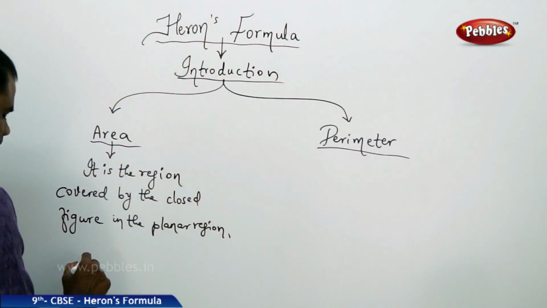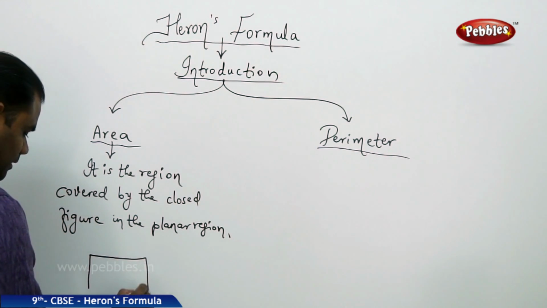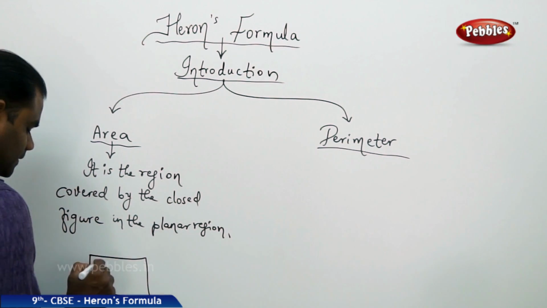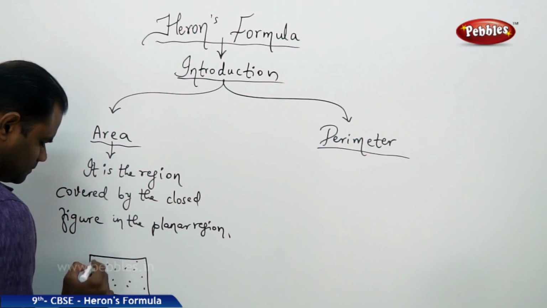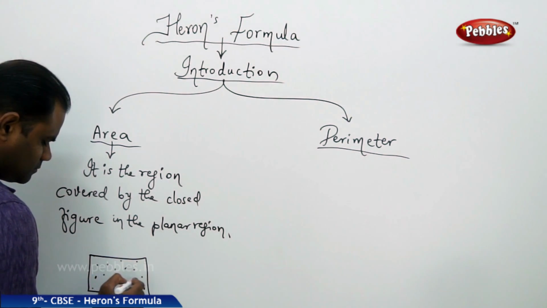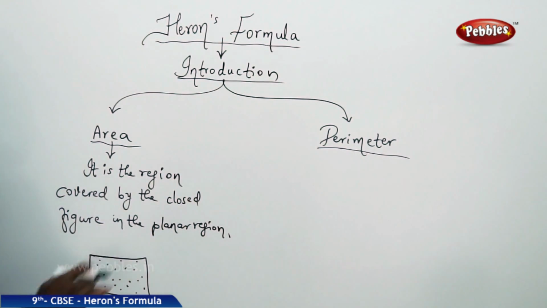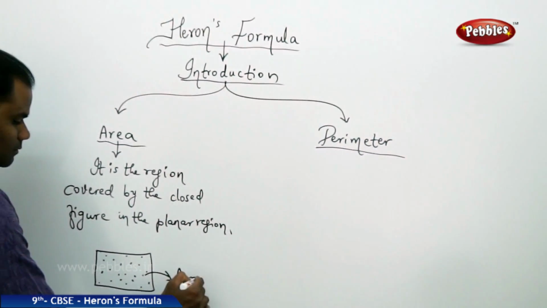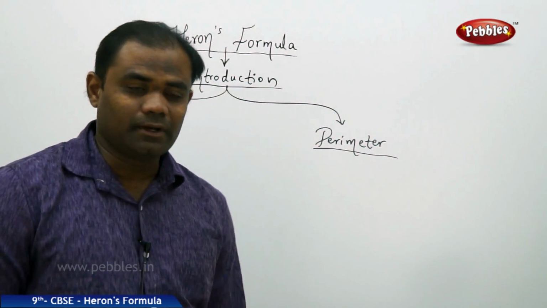For example, I take the rectangular plank as we have discussed. This dotted region, which covers the entire closed four-sided figure, is nothing but the area. This represents the area.